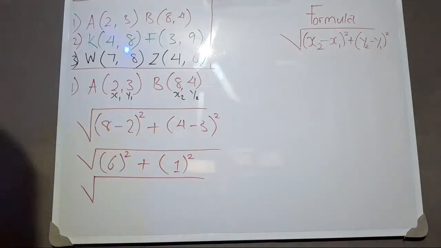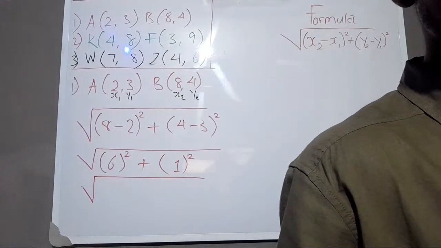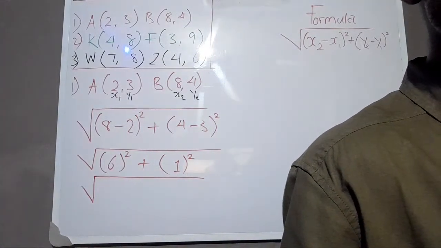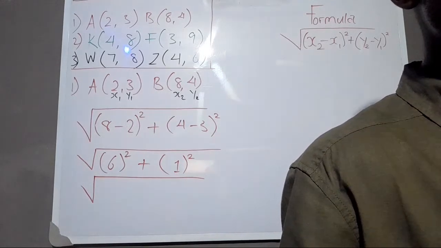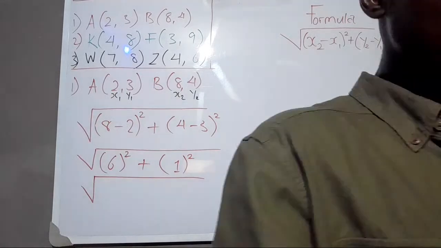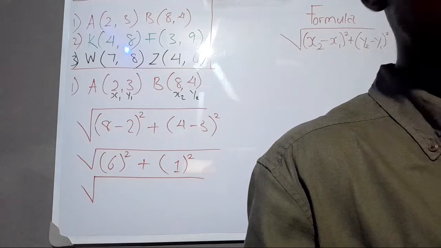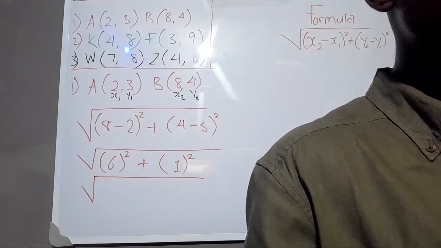Now what is the square of 6? That should be giving us 36, if I'm not mistaken. Let me get my calculator. And if you have your calculator there, you can just go ahead and tell us what the answer is.